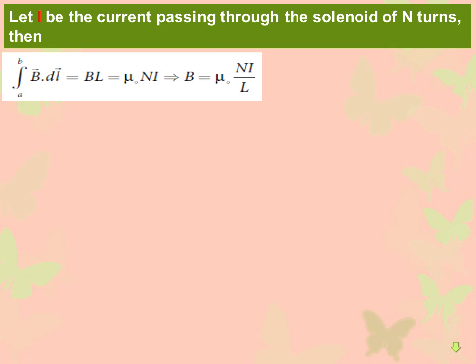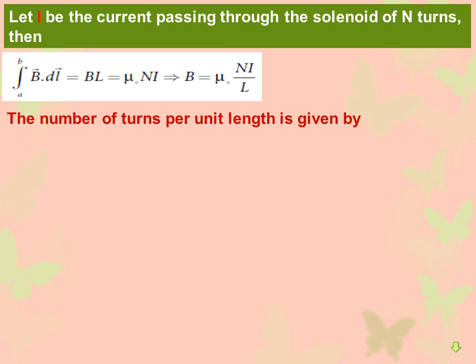Then the integral from A to B of B dot dl is equal to BL, which is equal to mu naught N i, because we put BL equal to mu naught N i. Therefore, B is equal to mu naught N i by L, taking the value L here.